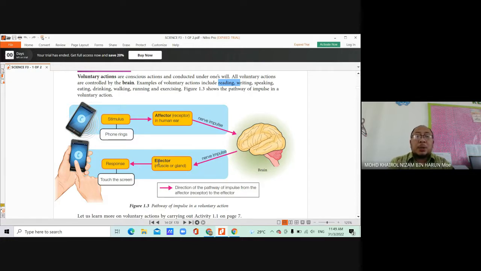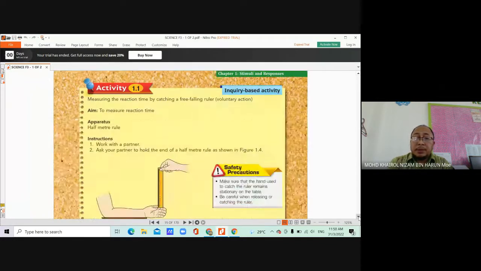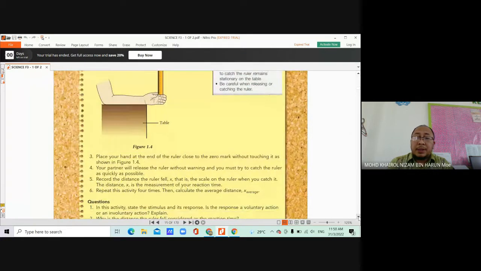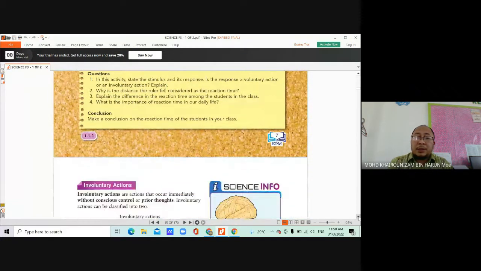And then we will react to the response given by the brain. So this is the pathway of impulses in a voluntary action. This is a voluntary action. This is the activity, how to control the action.